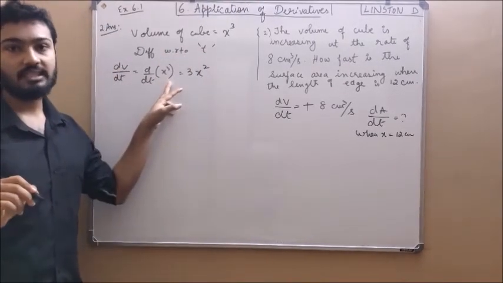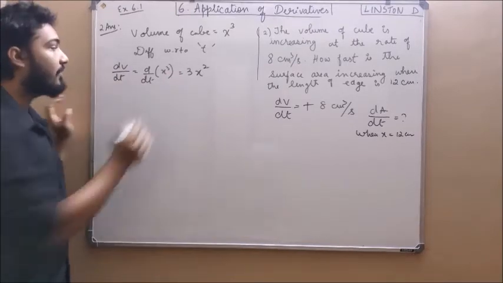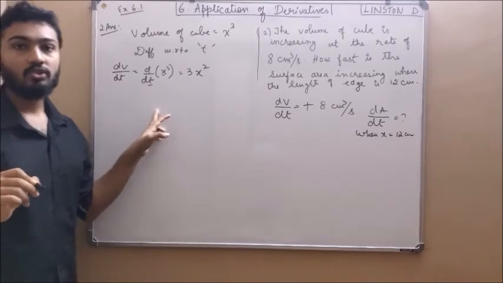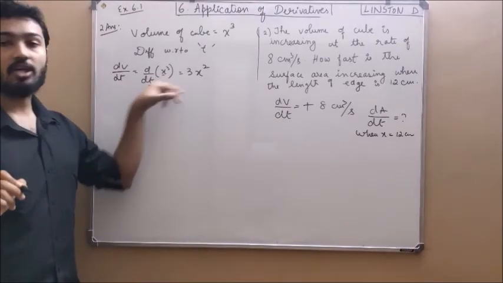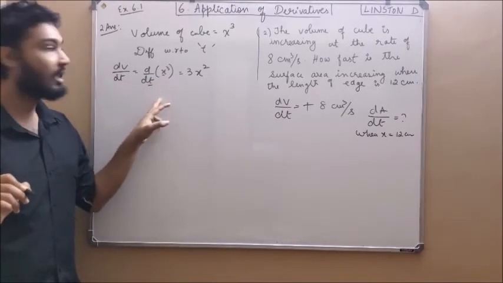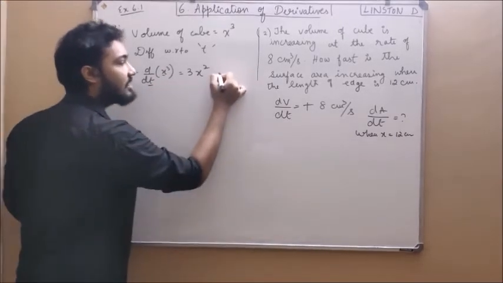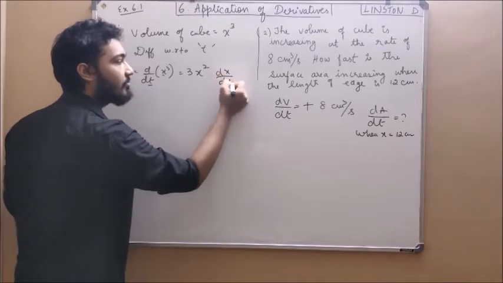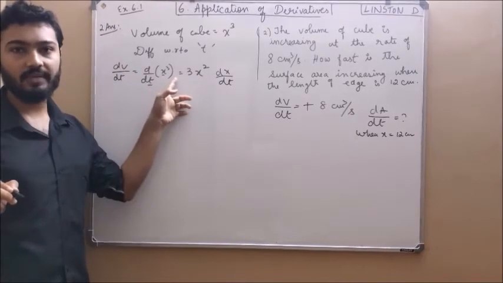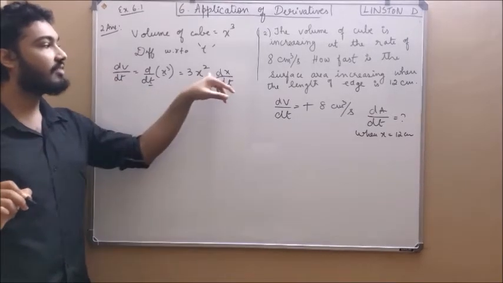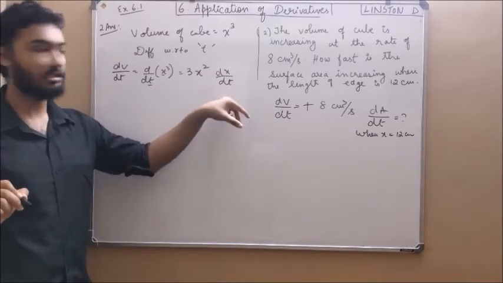Now here x and t are different variables, so this becomes the change of variable. When the variables are different, we differentiate and keep dx by dt as it is, because x is dependent on t.